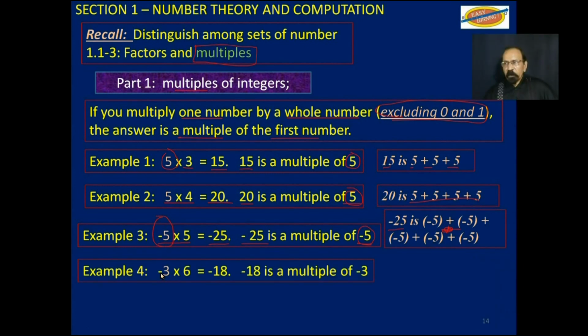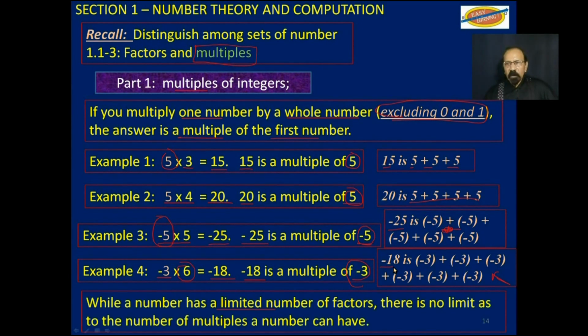An example 4, -3 multiplied by 6 is equal to -18. -18 is a multiple of -3. That is to say, in -18, you could find a number of -3, to be specific, 6 of them as shown here. So -18 is a multiple of -3. While a number has a limited number of factors, we said that before, there is no limit as to the number of multiples a number can have.